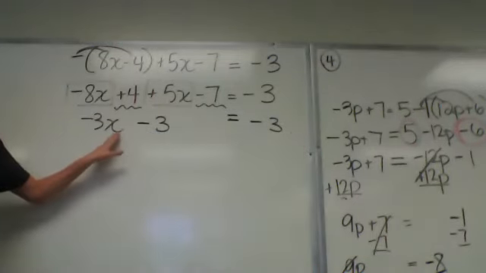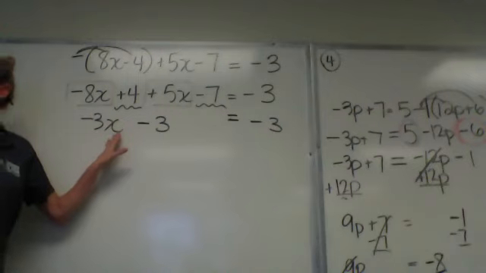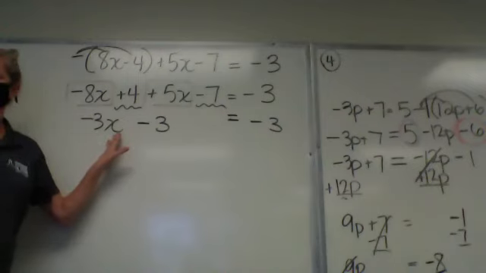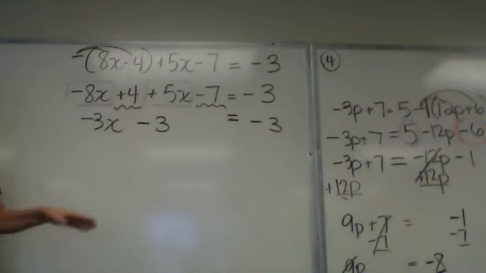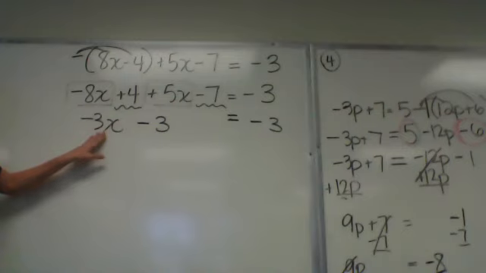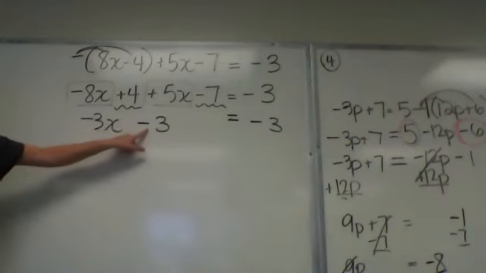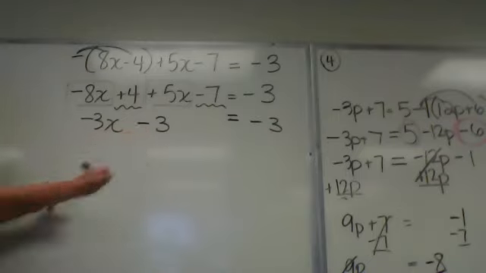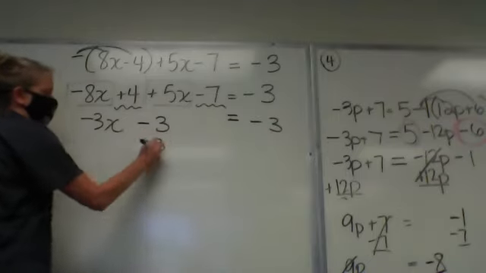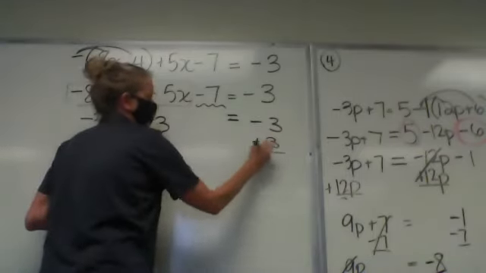I only have x's on this side, which means get me alone, right? It wants to be alone. So don't get rid of what's hooked on. You're getting rid of this -3 first with a +3.